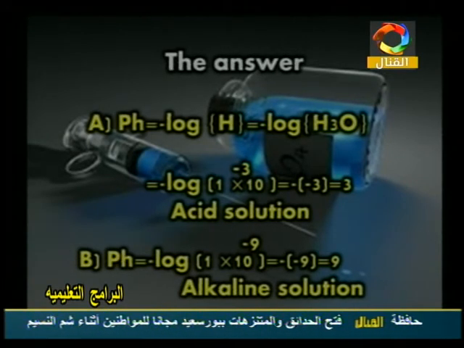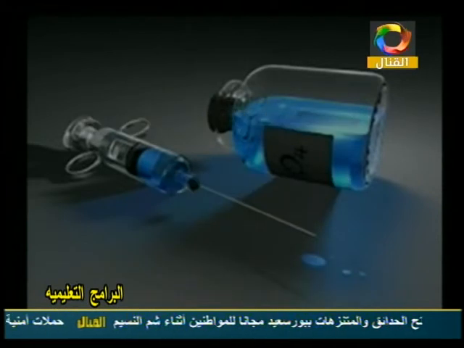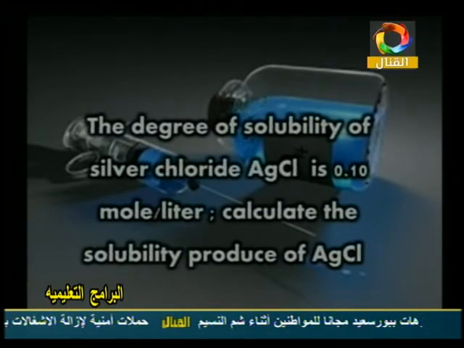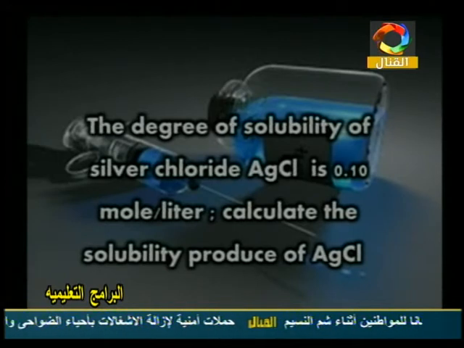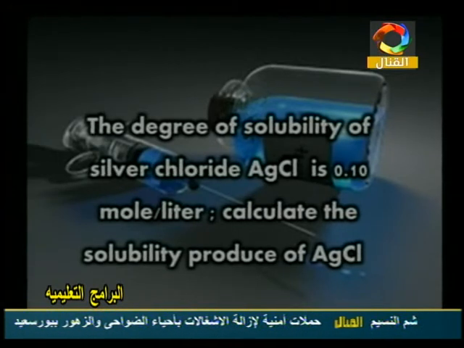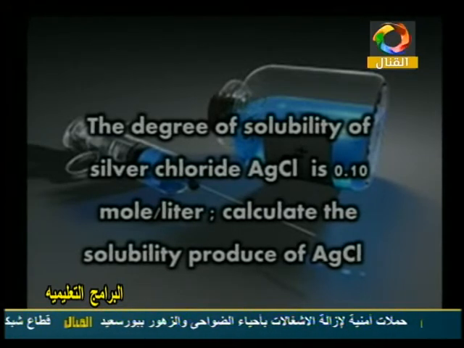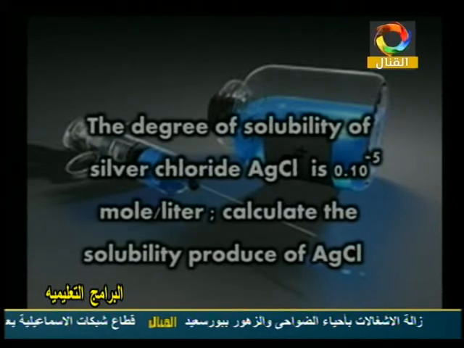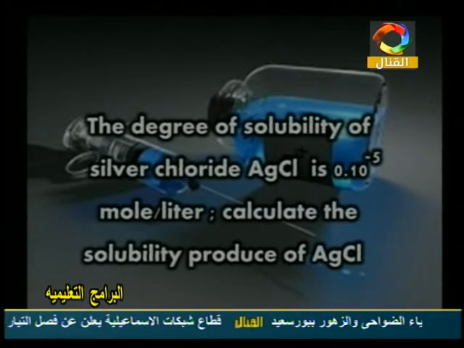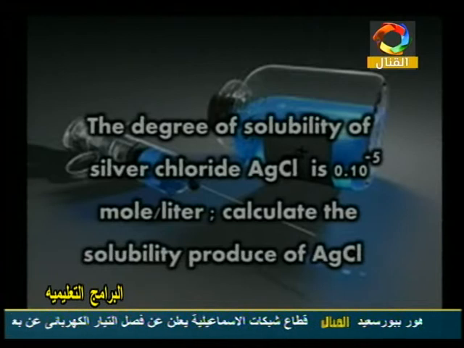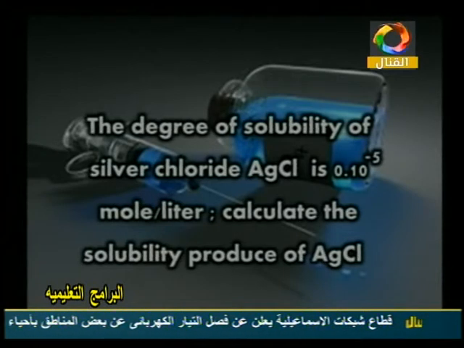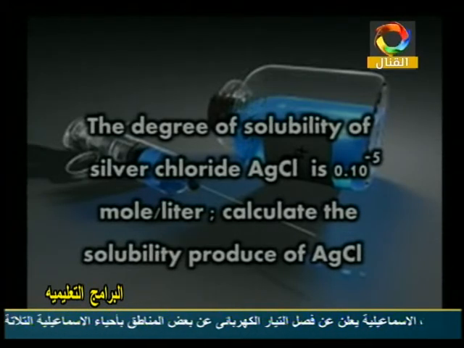Both are equal. Fly to this question. This question says the degree of solubility of silver chloride AgCl is 10 power negative 5 mole per liter. Calculate the solubility product of AgCl. Degree of solubility?